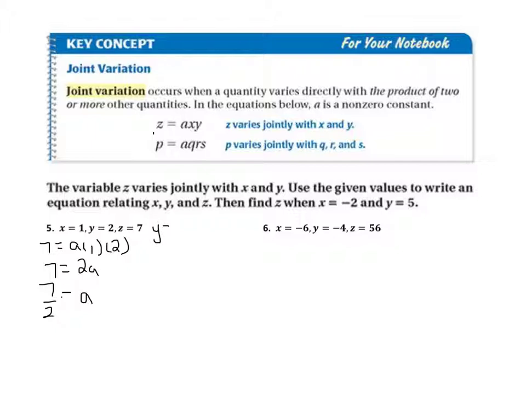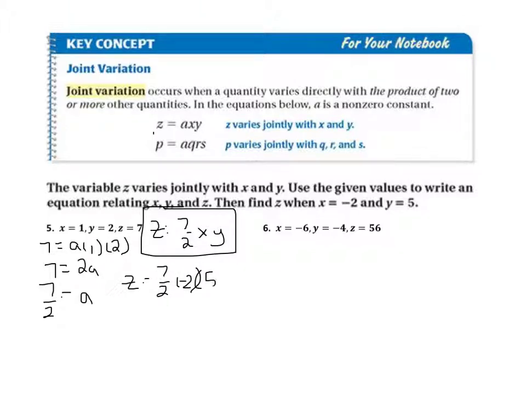Y, or not y, I'm so used to y, but it's z in this case. Z equals 7 over 2 times xy. So there's part one. Then find that. So z equals 7 over 2 times negative 2 times 5. Negative 35. So there's the other part.